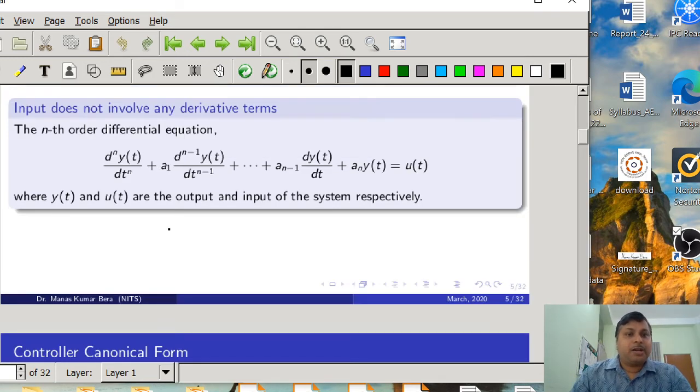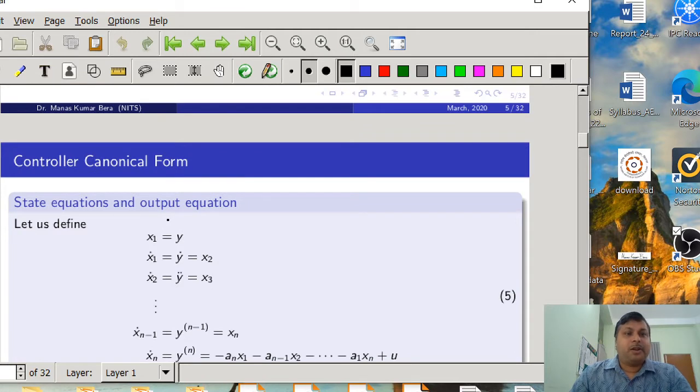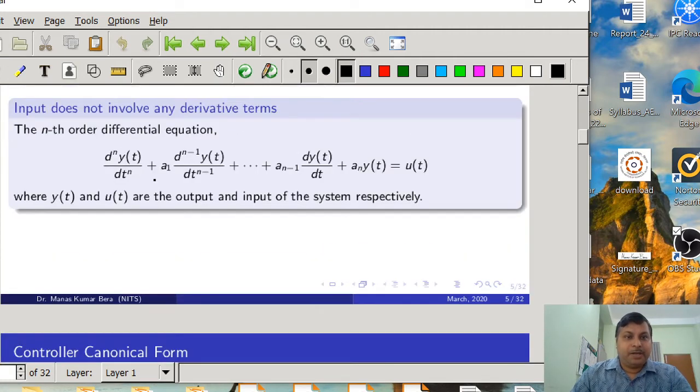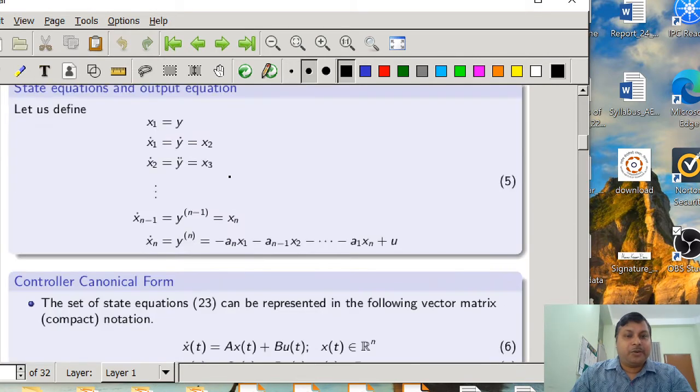For the controller canonical form, we have to define the state variables in this fashion: x1 equal to y, then x1 dot, that is y dot, equal to x2, then x2 dot is equal to y double dot, that is x3, then xn minus 1 dot is the n minus 1th derivative of y, which is defined as xn, and then ultimately xn dot, which is the nth derivative of y, can be written from this differential equation as minus an x1 minus an minus 1 x2 minus a1 xn plus u.